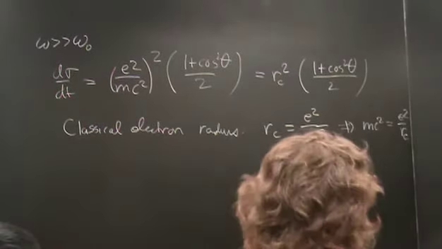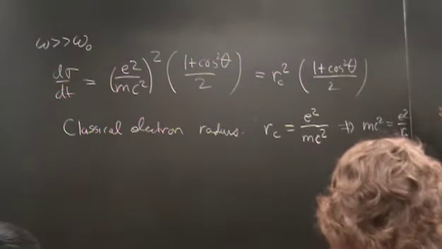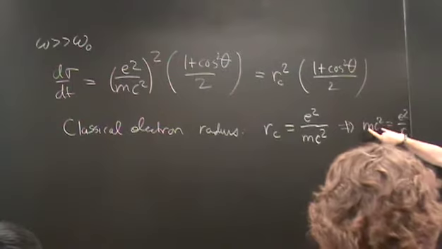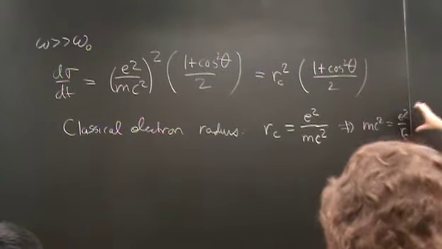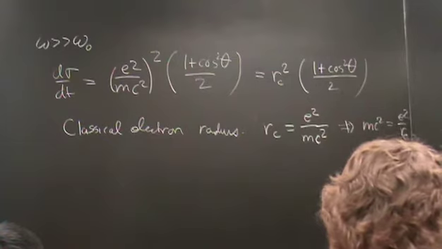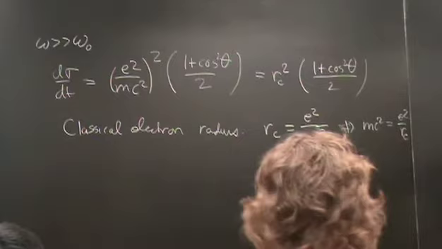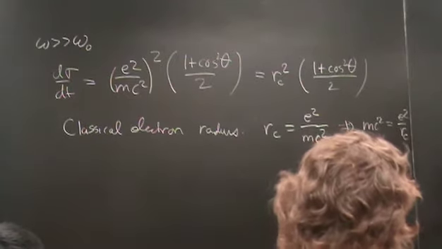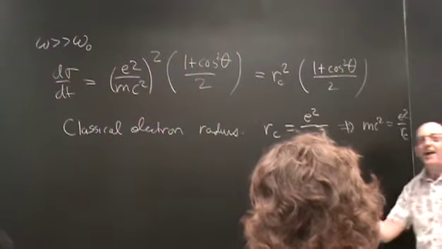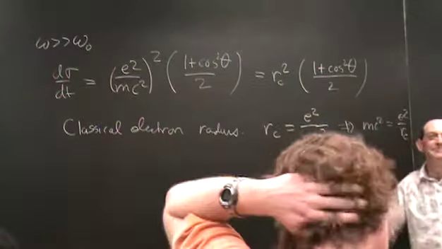So classically, you can imagine, or you might have one model to say that the rest mass is arising from the potential energy of the charge e all smushed into that radius. Well, it's a scale that comes out when you have e, m, and c.